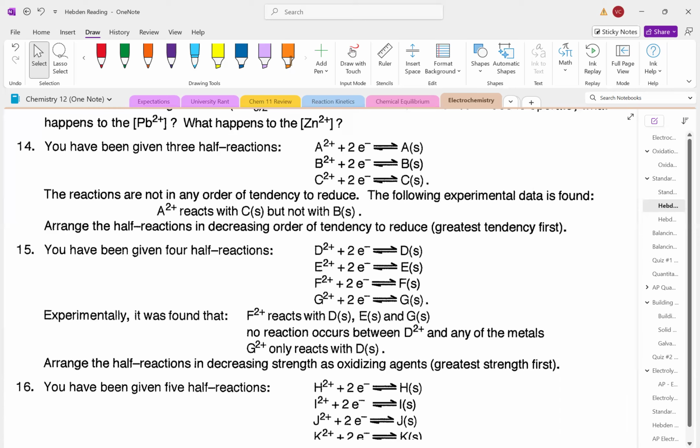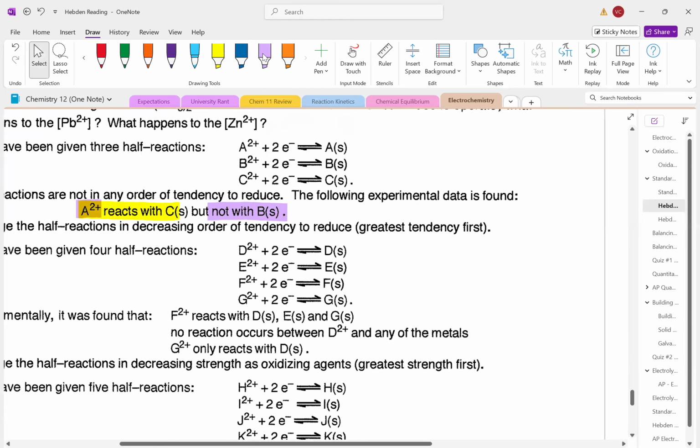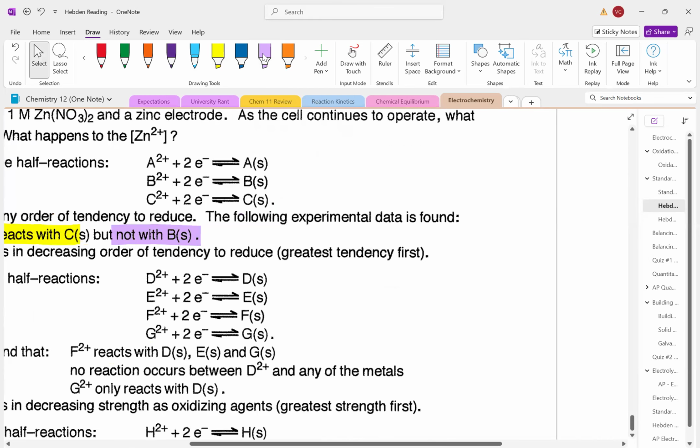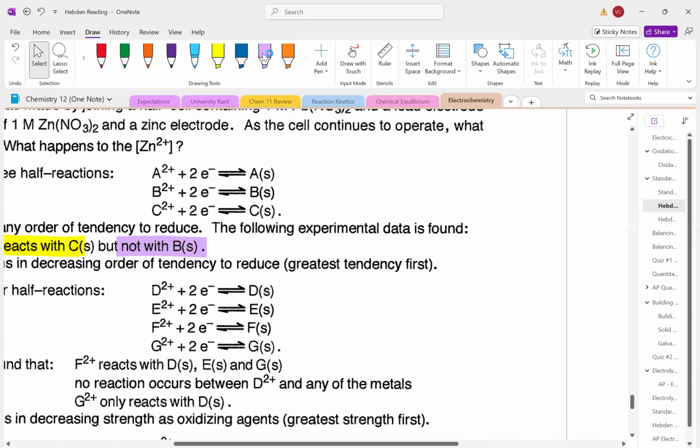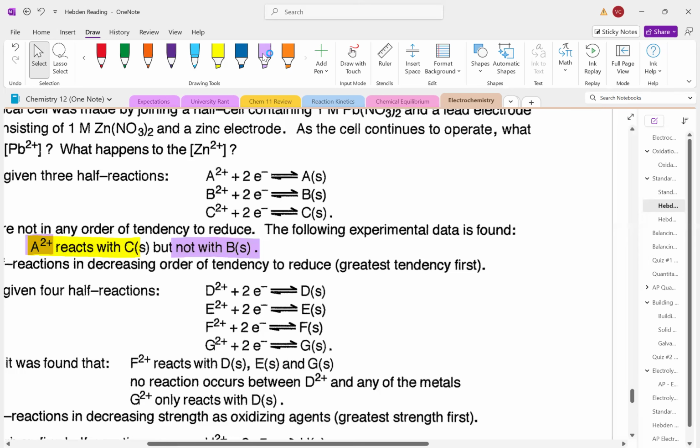When you read through this, it says A2+ reacts with C, but A2+ does not react with B. So how do we use the concepts that we learned last day to solve this type of question?